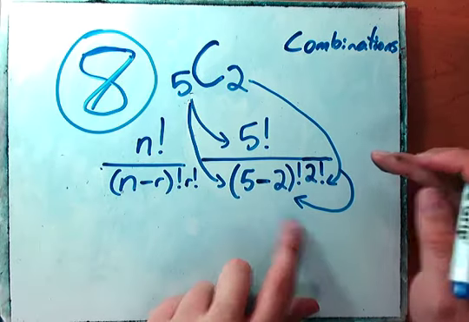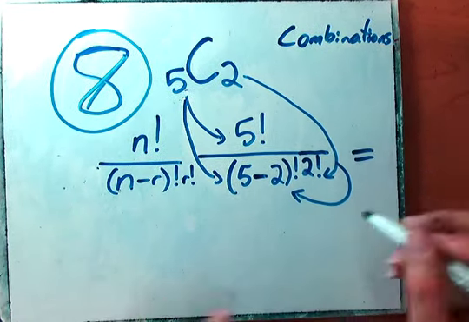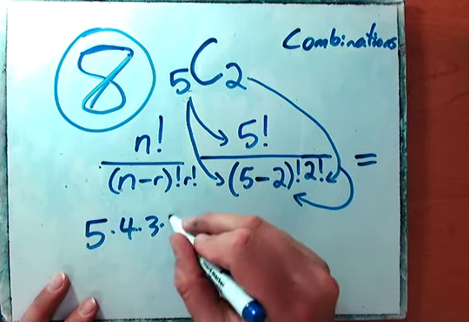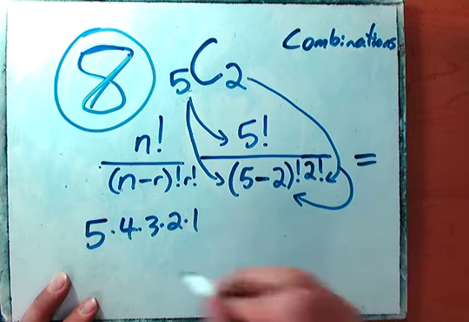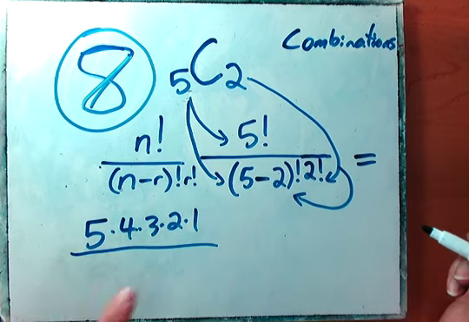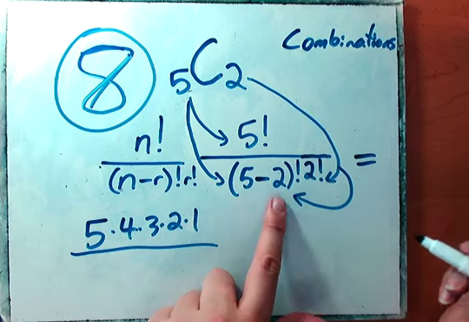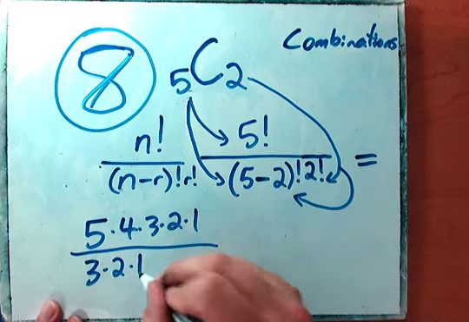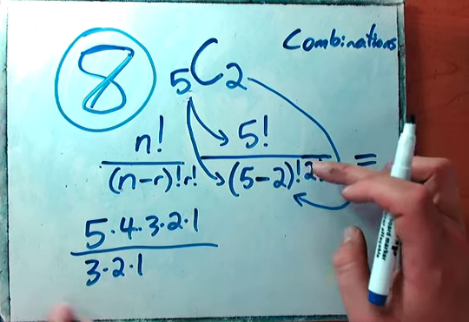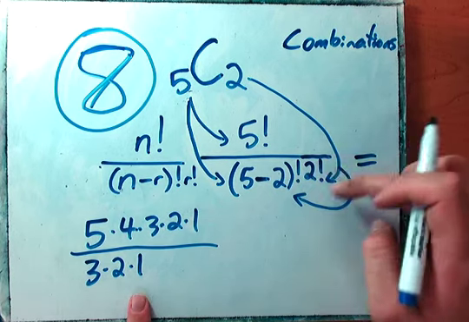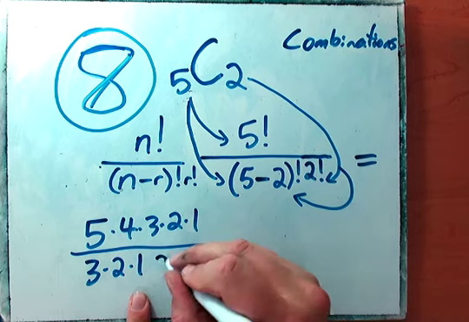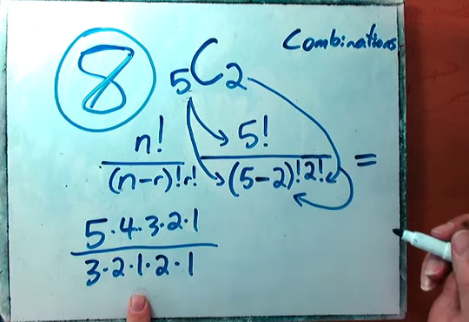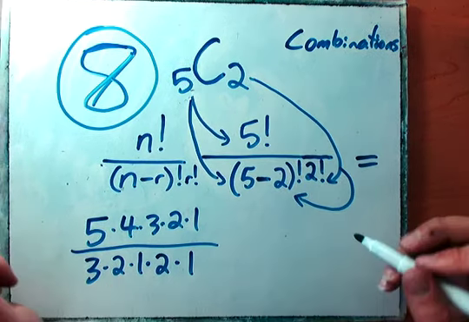So now we do the math, and we say, what does that equal? Well, that's 5 times 4 times 3 times 2 times 1 over, well, what do we have? 5 minus 2 is 3 factorial. 3 factorial is 3 times 2 times 1. And then we've got this r factorial, or 2 factorial here. So that's 2 times 1. And don't forget, those are all multiplied. So how does this play?